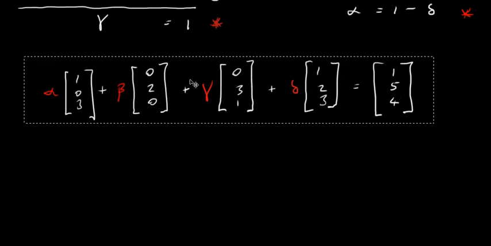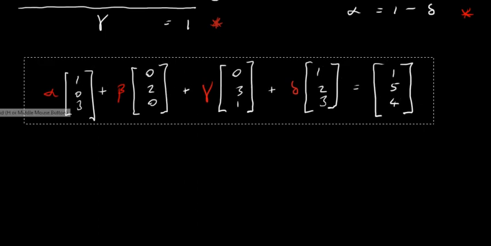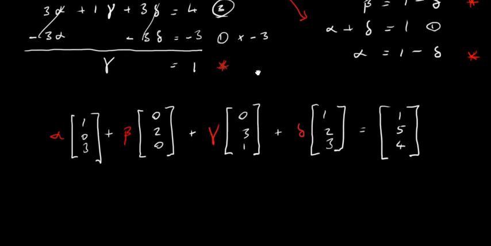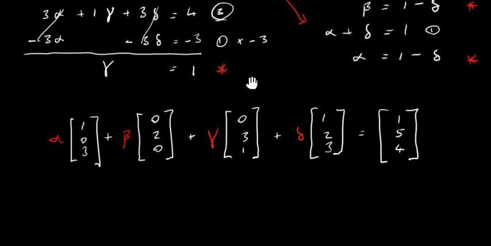Okay, so this is what we started with, and these are our solutions here. We have alpha times 103. This is our V1, this is V2, V3, V4, and this is our V.